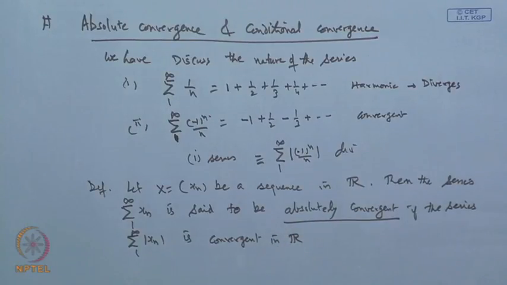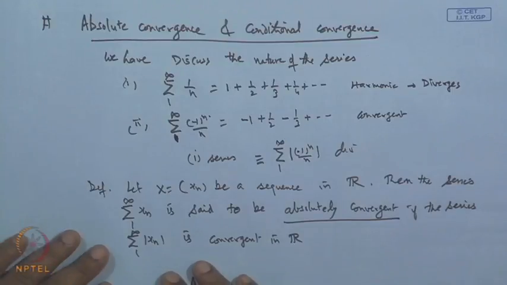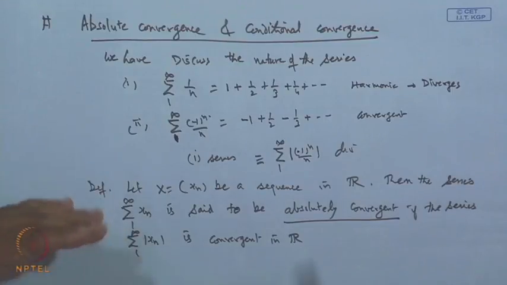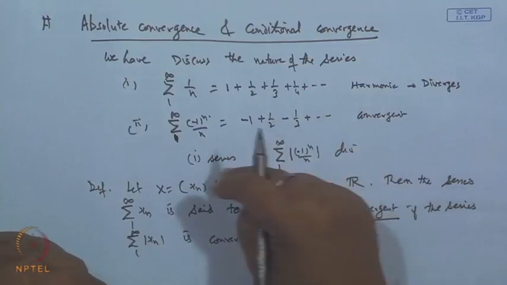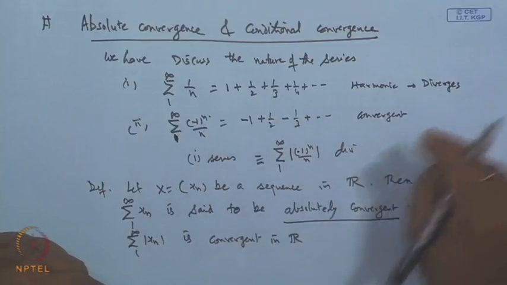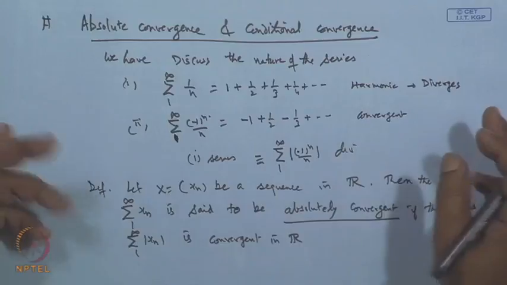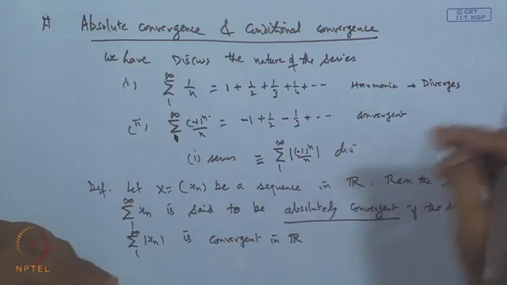One more thing: when we say the series is convergent in R, it means the sum of this series must be a real number, or the limit of the sequence of partial sums S_n must exist and should be a real number. The point must be in the real numbers. Suppose I take the open interval 0 to 1, and the sequence 1 by n.